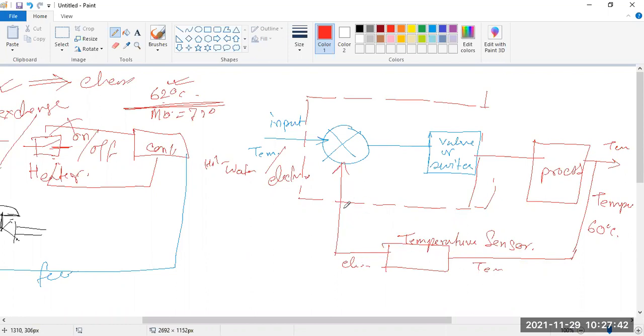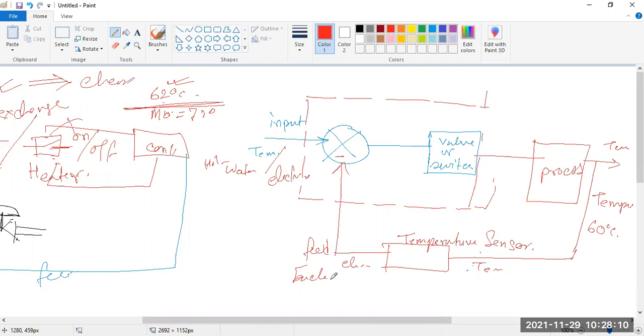Generally the controller can sense only electrical signals, but the process gives physical sensing, like temperature rise, changing of pressure, changing of flow. So a flow meter, temperature sensor or pressure sensor converts this physical phenomenon into an electrical phenomenon.